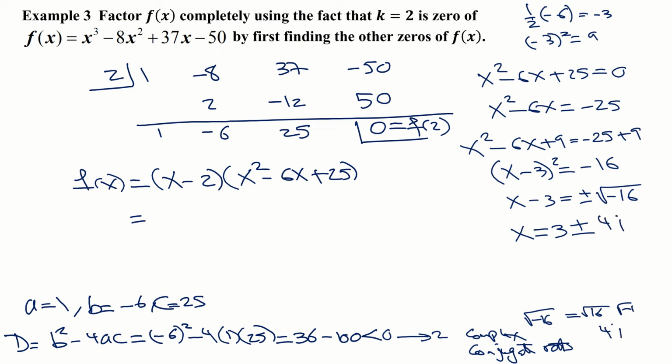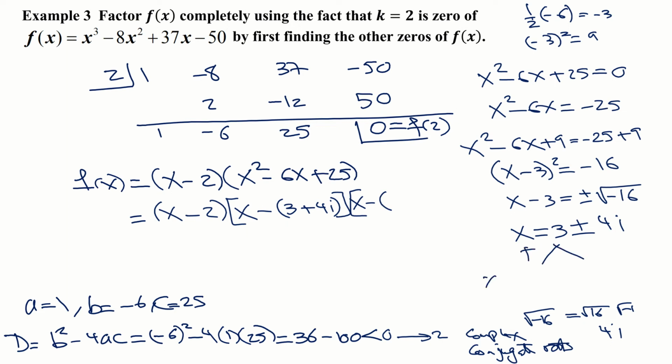All right, so how does that help me? Because I can now say the factorization is going to be x minus the first zero of the polynomial times x minus the second zero, which is going to be 3 plus 4i, times x minus the second zero, which is 3 minus 4i. Remember, this is two zeros.